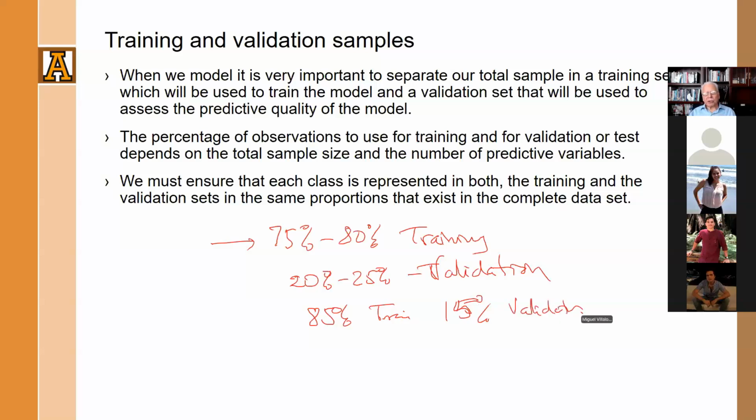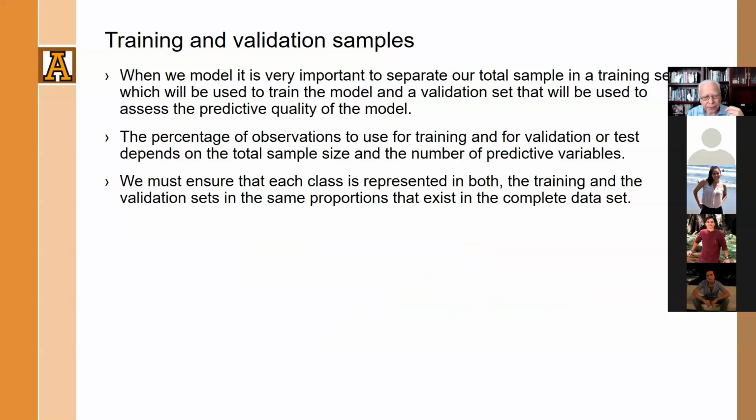Okay, so it depends on how many predictors and how large your sample is. But it's always good practice to evaluate a model with data that was not used to estimate or train the model.